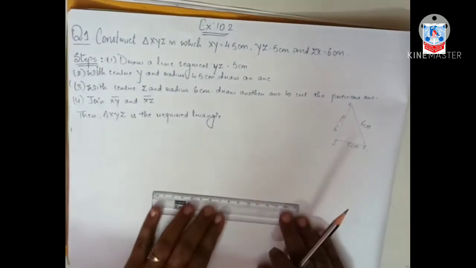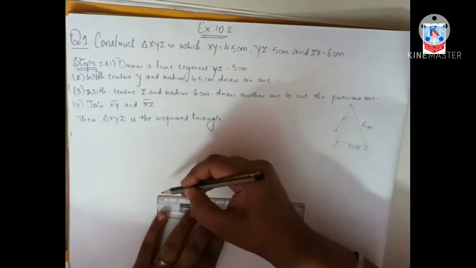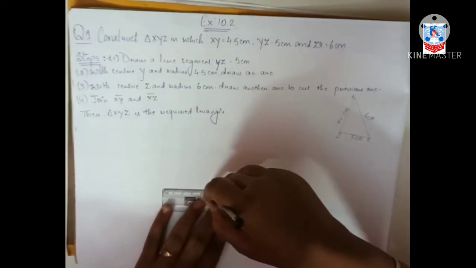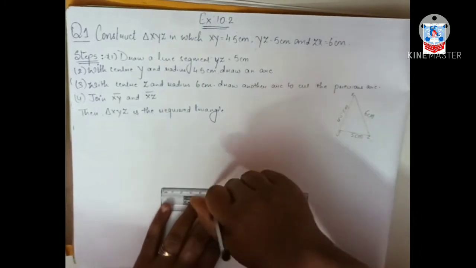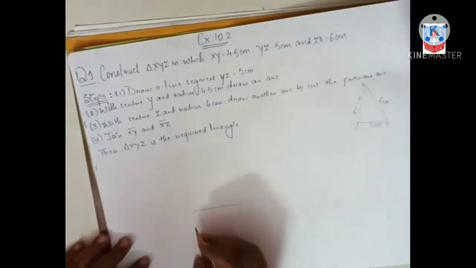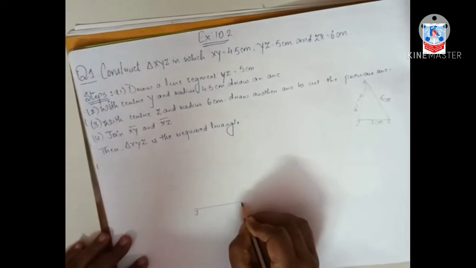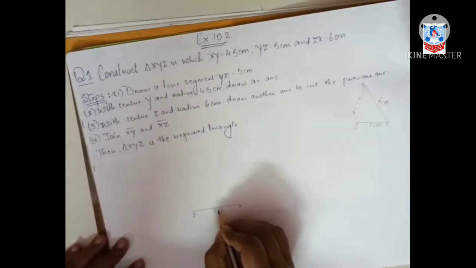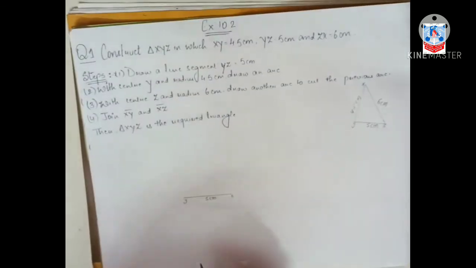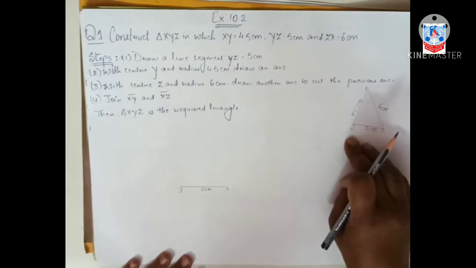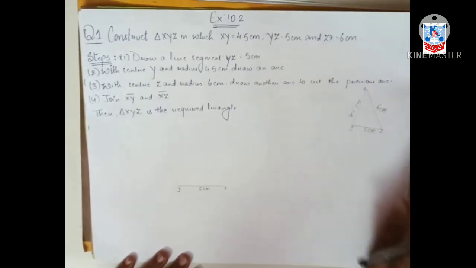Now see, from 0 to 5. See, this is Y, Z and right here 5 cm. Now we have to construct XY. Now see, the measure of XY is given 4.5 cm.